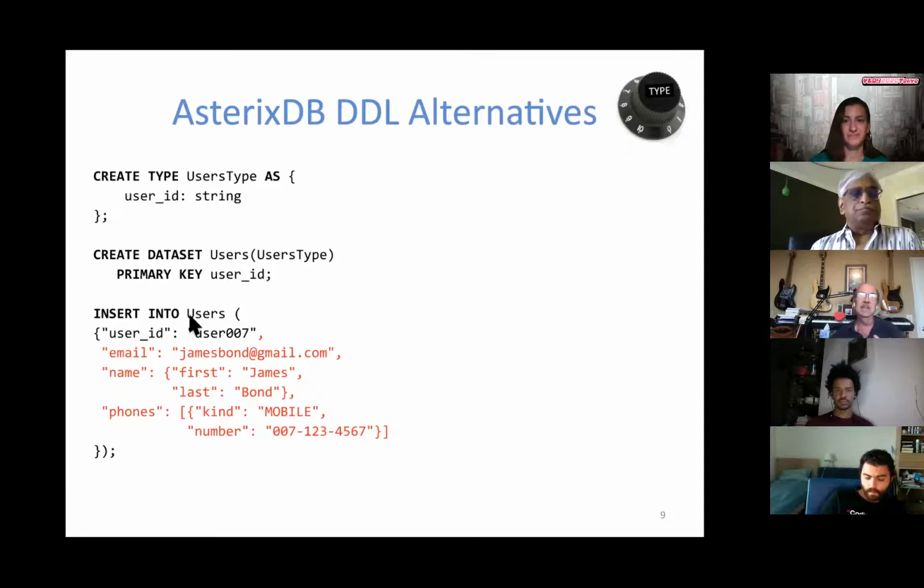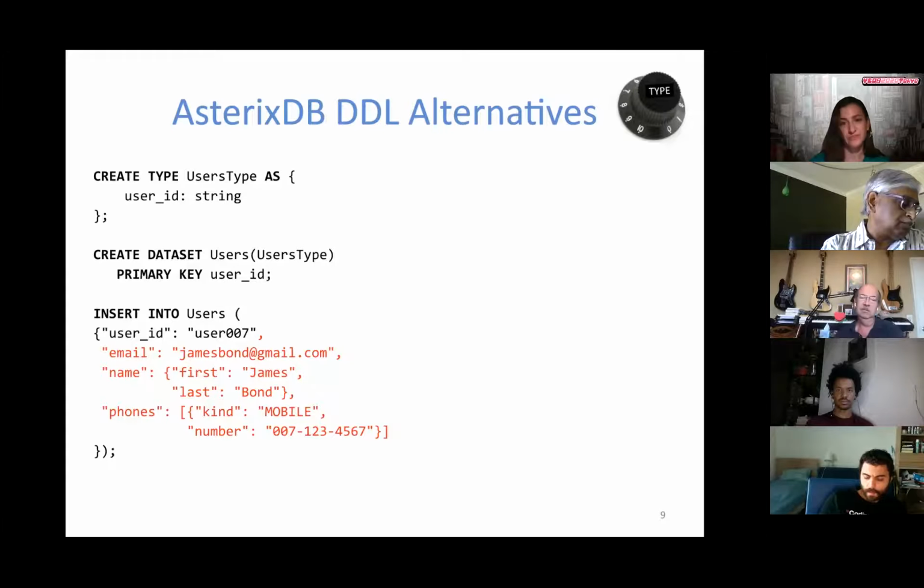But otherwise, you can just say, hey, users have a user ID, and here's the rest of my data. I'll insert that data, and everything you do in this tutorial would work either on the data set with all of that type description, or on the data set with just this type description. So it doesn't change what you can ask in queries. It just changes the restrictions on the data that can live in that data set.